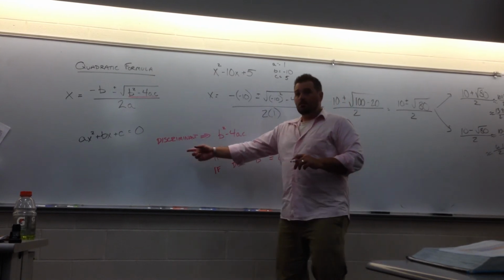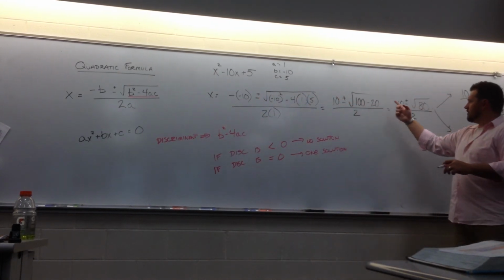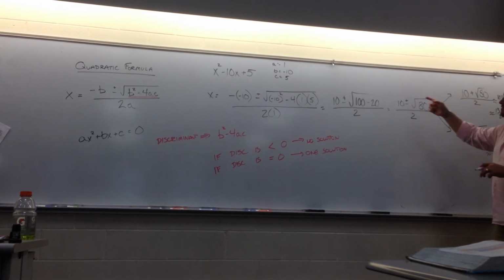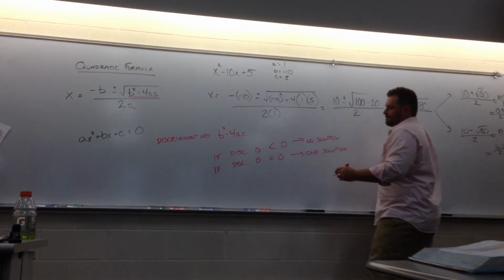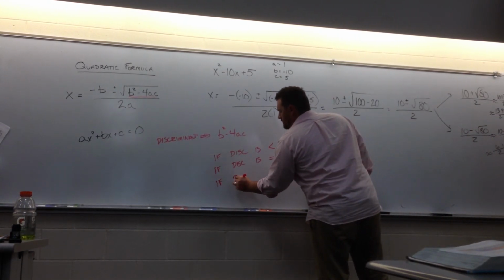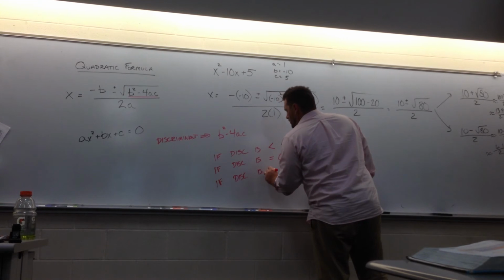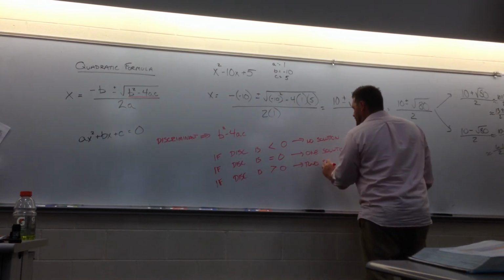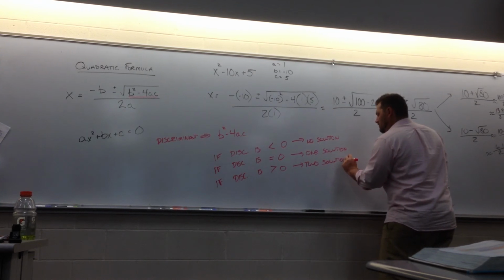Okay? And what happens when we get a discriminant that's greater than 0? We get two solutions because we have to add that number and then we have to subtract that number. Okay? So if the discriminant is greater than 0, then we have two solutions.